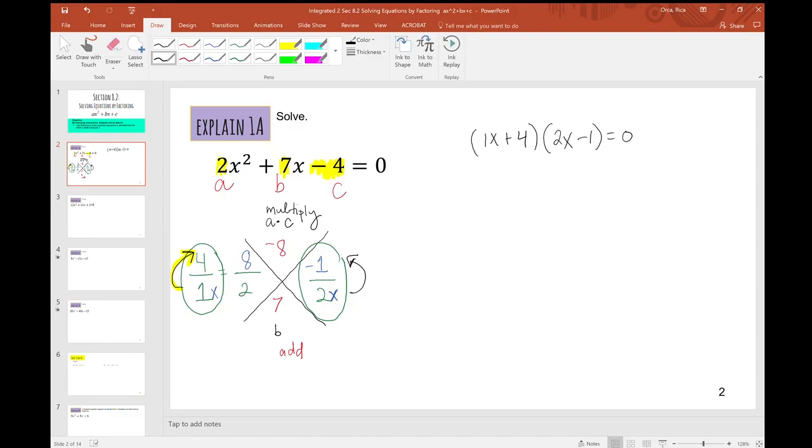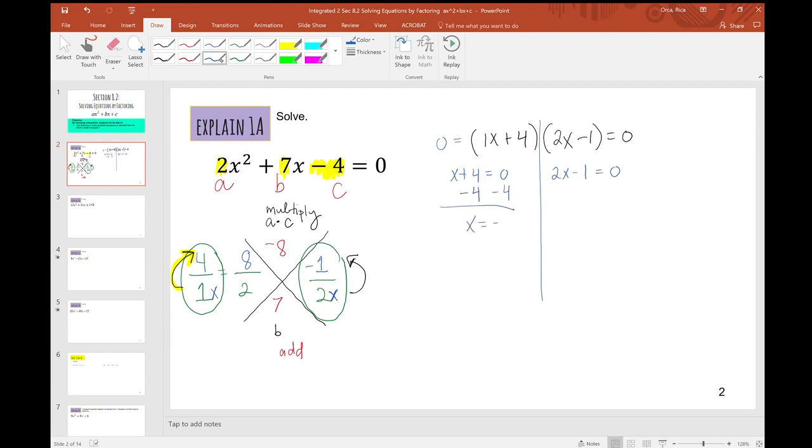Now we're going to use the zero product property to solve. So I'm going to take each factor and just set it equal to 0. X plus 4 equals 0, and 2x minus 1 equals 0. Let's solve each one. In the first equation, I want to subtract 4 to both sides.